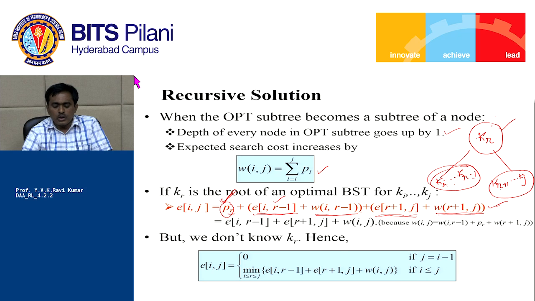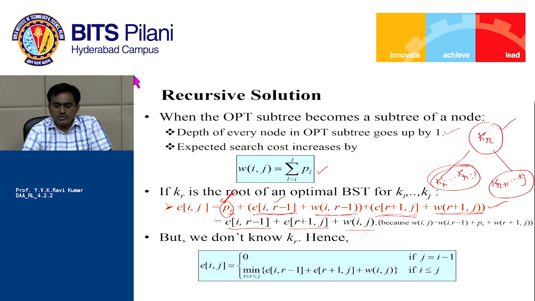So we can combine these together and say that it is w(i,j). Finally, e[i,j] is the cost incurred on the left subtree, the cost incurred on the right subtree, and the total cost incurred on going through all the nodes in the tree. This is what we discussed in terms of kr.